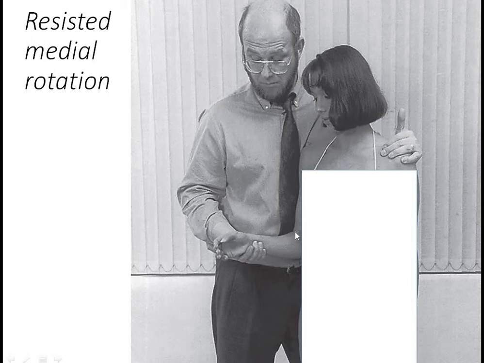And the two points which we discussed in the previous slide should again be taken into account: there should be no extension as well as no abduction of the elbow joint. In a similar position to the resisted lateral rotation, the stabilizing hand will be on the contralateral shoulder to prevent any trunk movement.